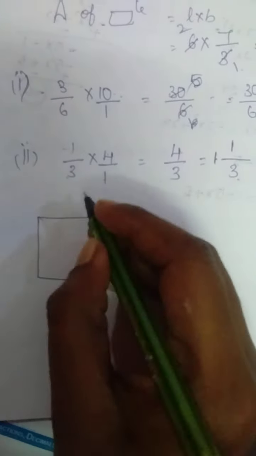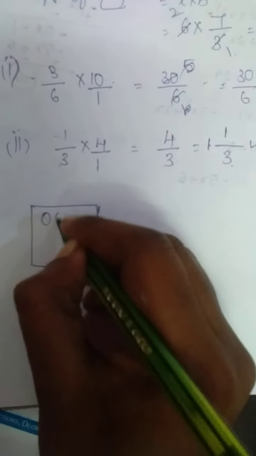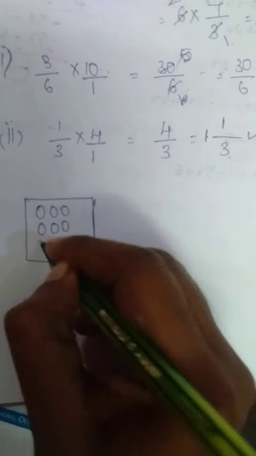Means, in the box, total you are having 12, right? 1, 2, 3, 4, 5, 6, 7, 8, 9, 10, 11, 12.